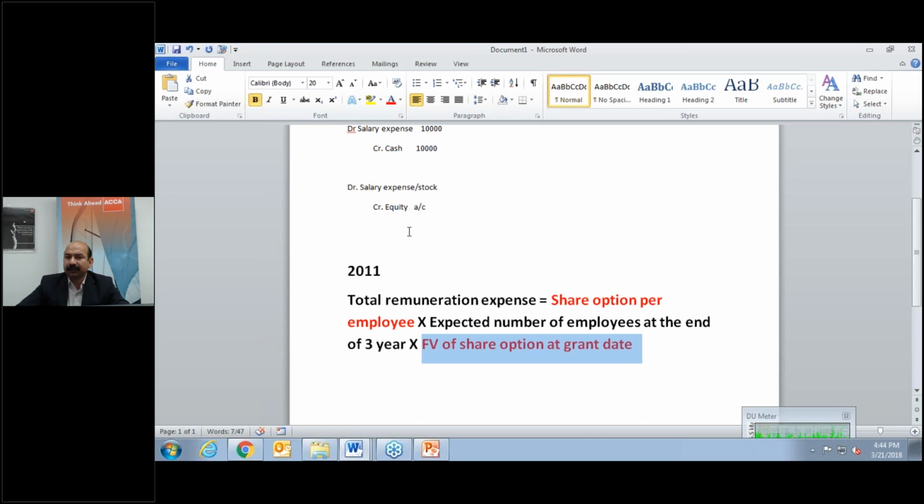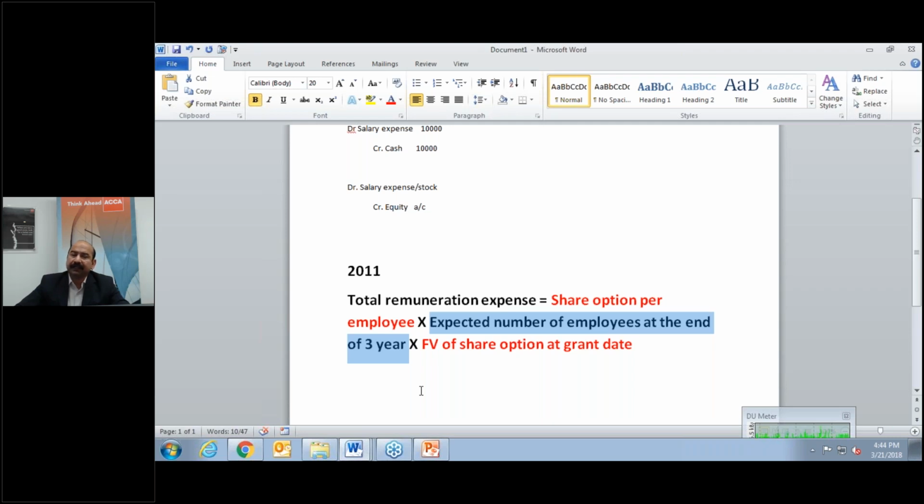So how can we calculate the total remuneration expense? In total remuneration expense, these 2 things will remain constant. There will be a change in the expected number of employees at the end of year 3.